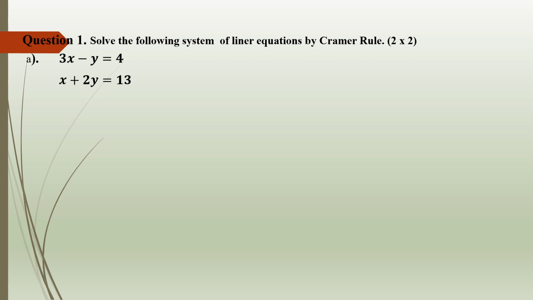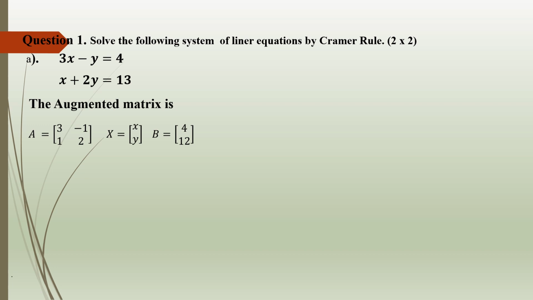The first equation which we have is 3x minus y is equal to 4, and the second equation which we have is x plus 2y is equal to 13. So now my dear student, we will write down the augmented matrix. Here we will write down the coefficients of x and y: 3, minus 1, 1, 2.